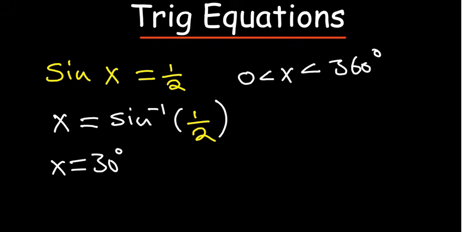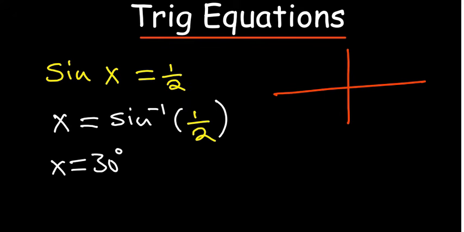Now, if they tell you to find all the possible solutions, for example, we're given such a domain, 0 to 360, I did explain in the introductory video to trigonometry that we need to understand the quadrants. If you have an acute angle in the first quadrant, you use it as a reference angle to find other solutions.